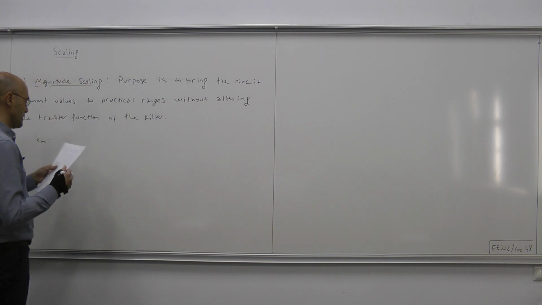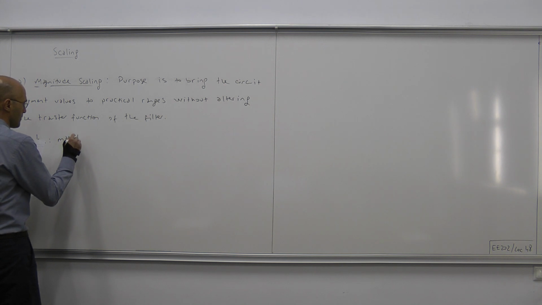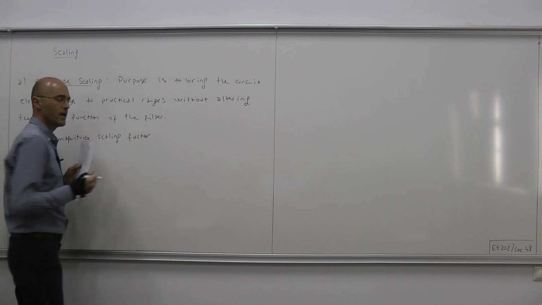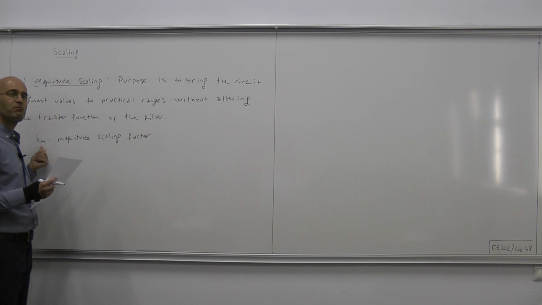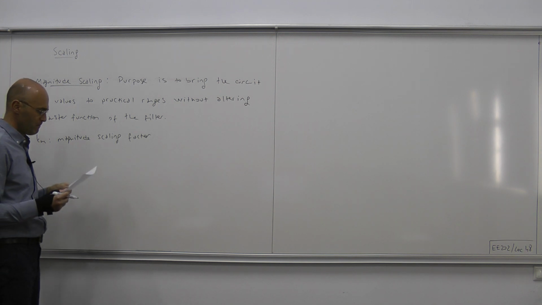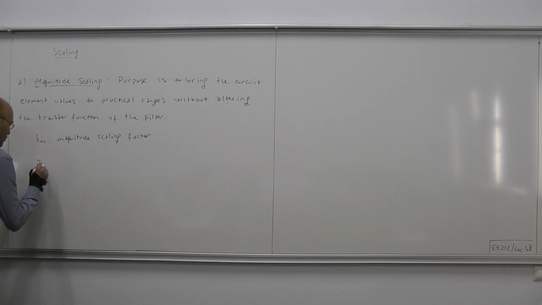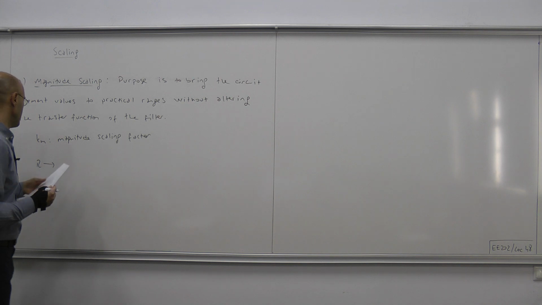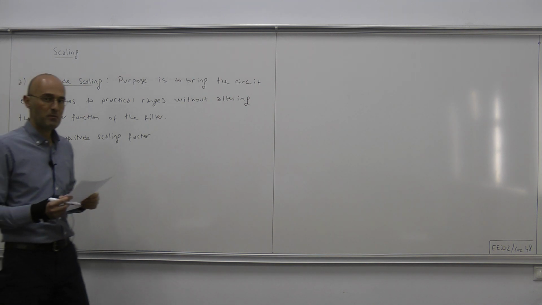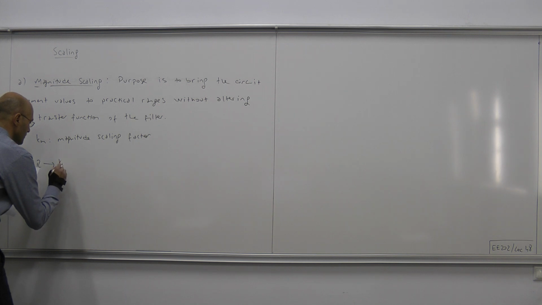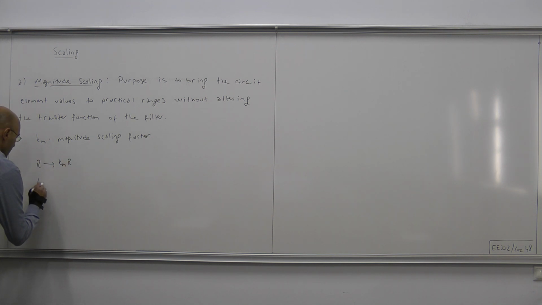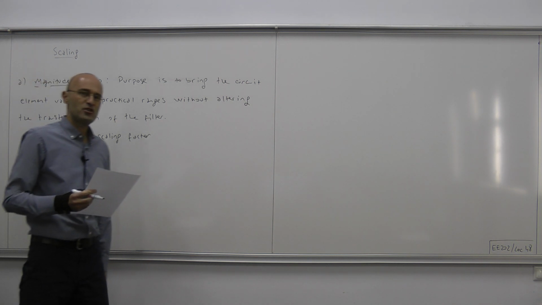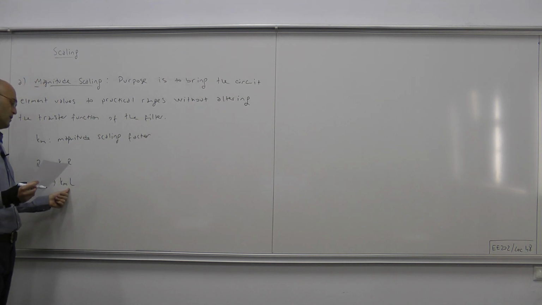Let Km be our magnitude scaling factor. After the parameter values are scaled with Km, they become the following. If you have a resistance in your circuit, then after the scaling, the new resistance of that resistor becomes Km times R. And we have L changed into Km times L. So this is the new inductance.